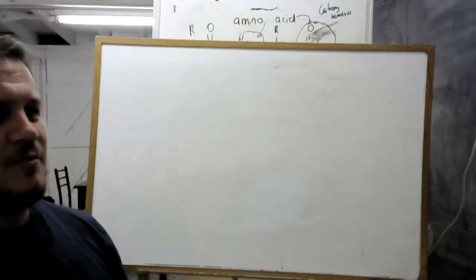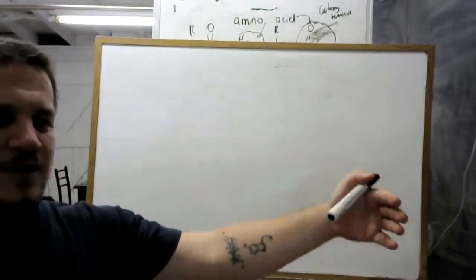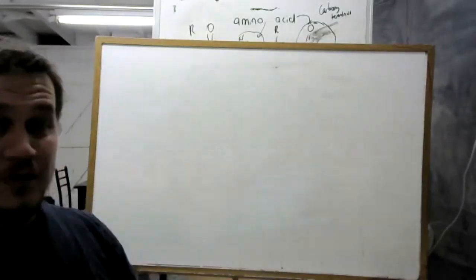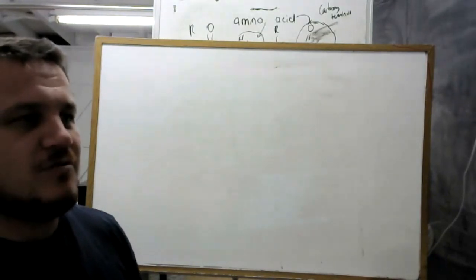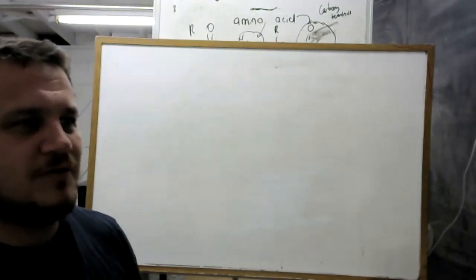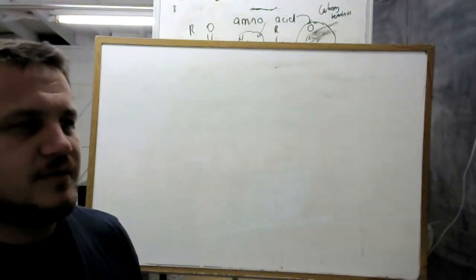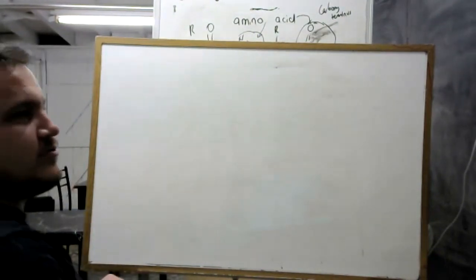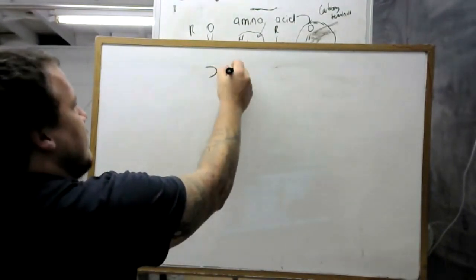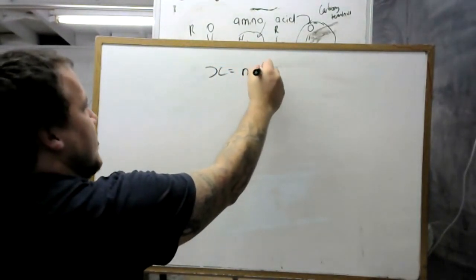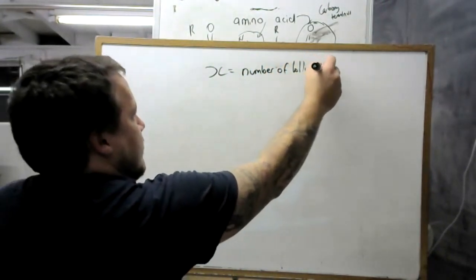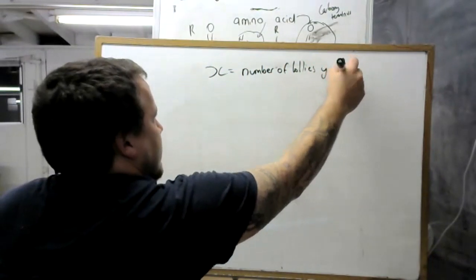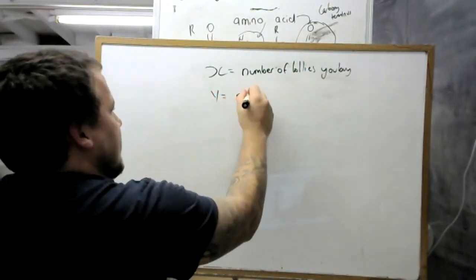So for every increase in x of 1, we'll get an increase in y, or a decrease if we decrease x. If you remember your y equals mx plus c, you should be fine for this. So I want you guys to draw x equals the number of lollies you buy, and y equals money spent.